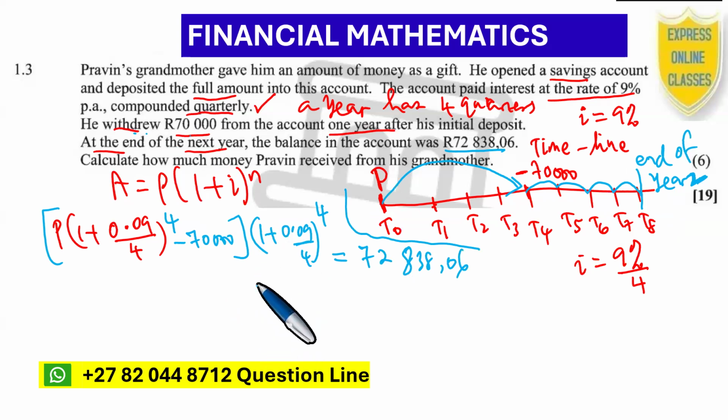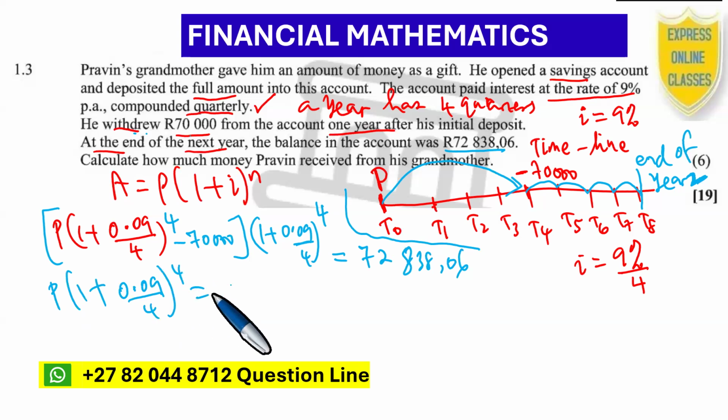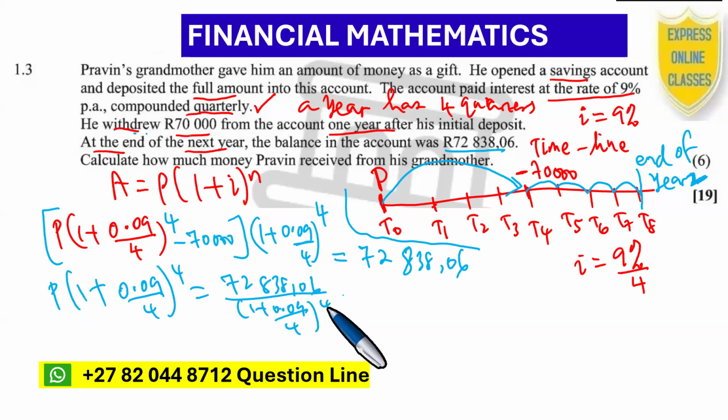So what we're going to do is divide this one by that. $72,838.06 divided by 1 plus 0.09, and then plus 70,000.